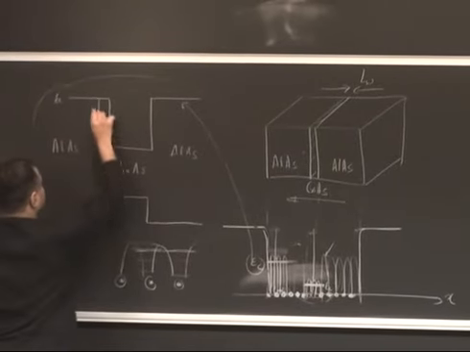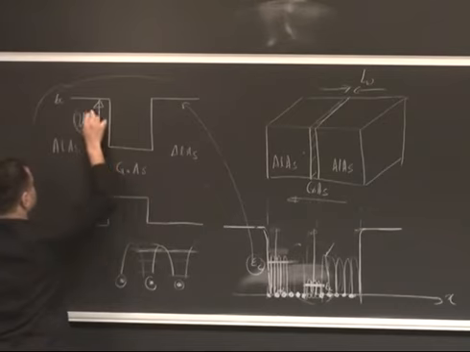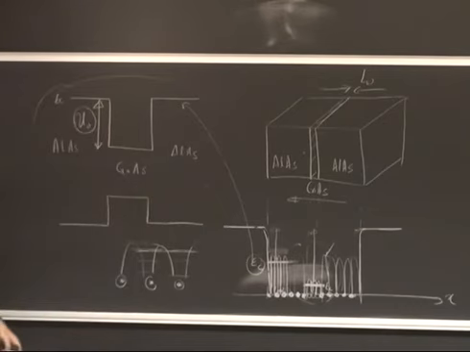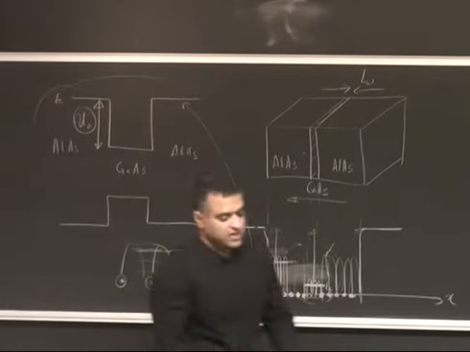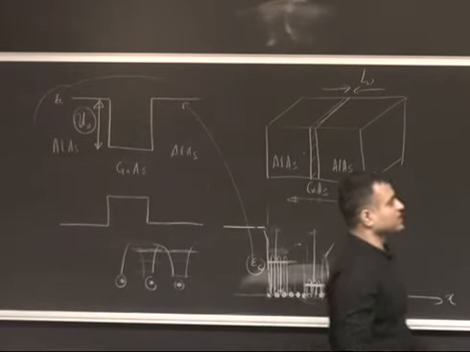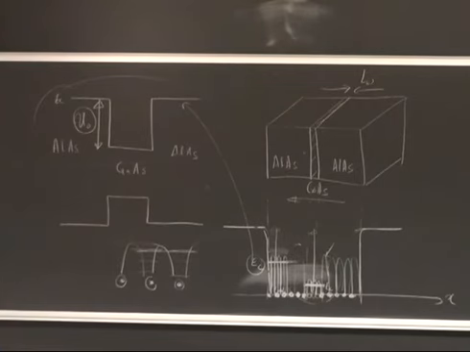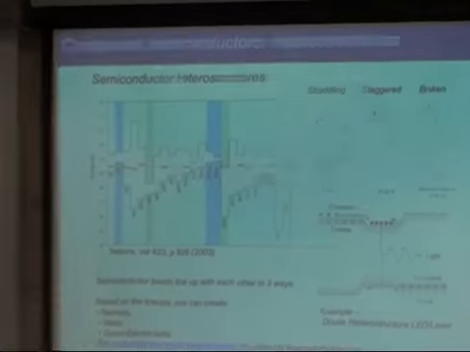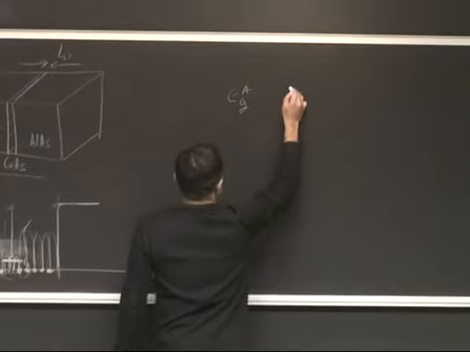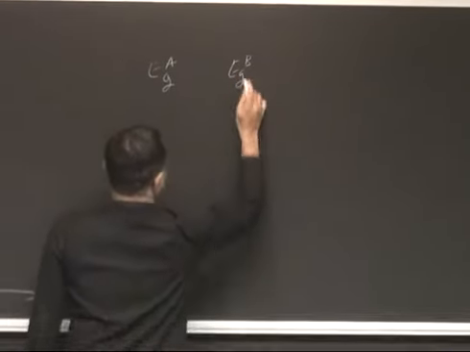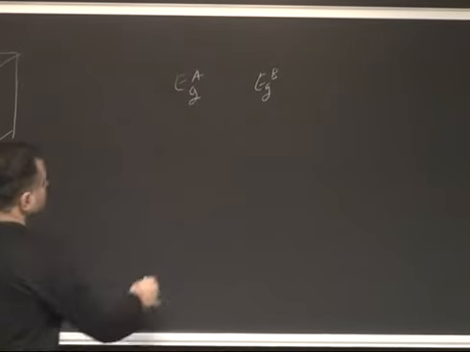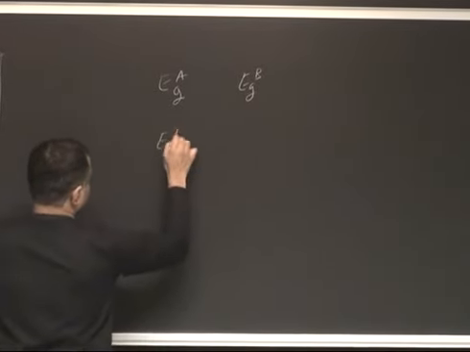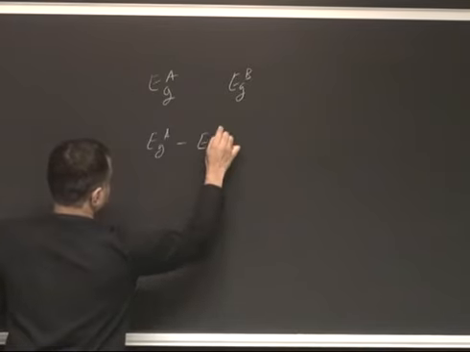Let's say the barrier height here is U naught, in electron volts. Typically in semiconductors, and this is a rule that I will discuss a bit later when we look at the material science, as a rule of thumb, if the band gap of layer A is E gap A and the band gap of layer B is E gap B, where B is the smaller band gap semiconductor, then we have the difference in the band gaps.